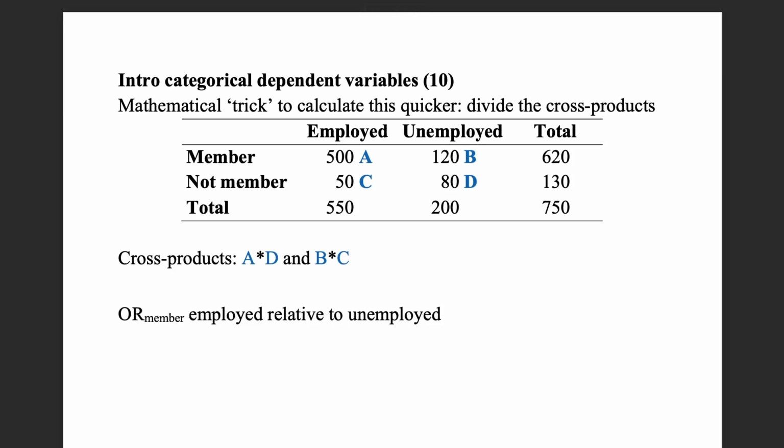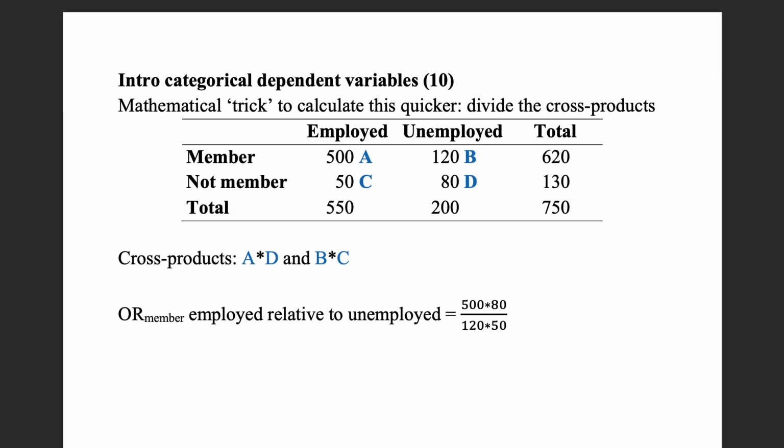For instance, if we want to directly calculate the odds ratio of trade union membership, where we compare the odds of membership for the employed relative to those of the unemployed, we just start out with the top cell where the employed persons are, so the A cell, multiply that by the D cell, so 500 times 80, so A times D. That is divided by the other cross product, so 120, the B cell, multiplied by 50, the C cell.